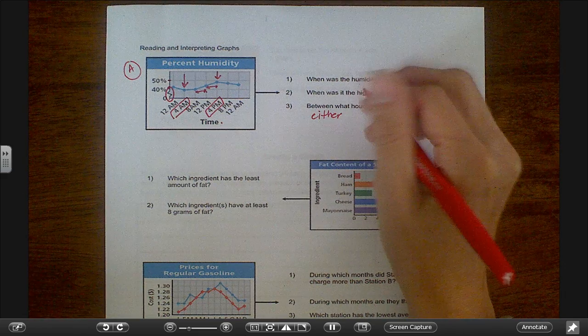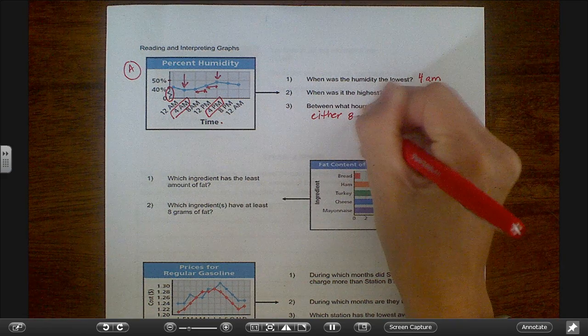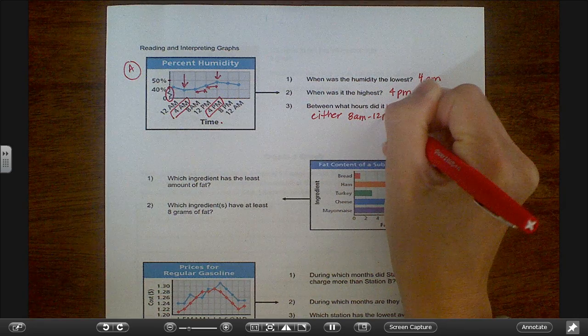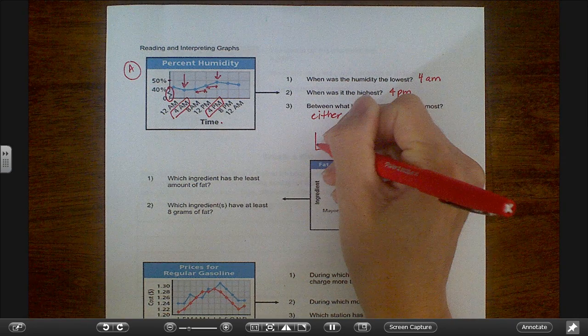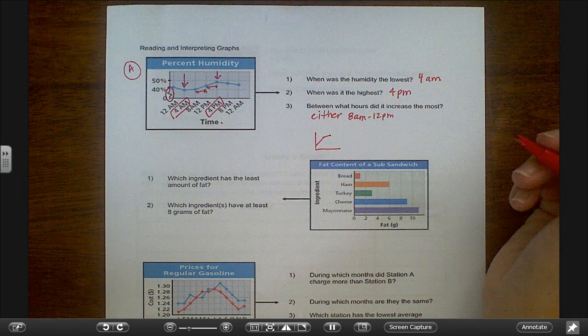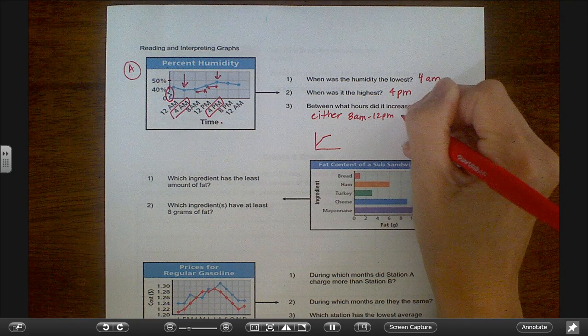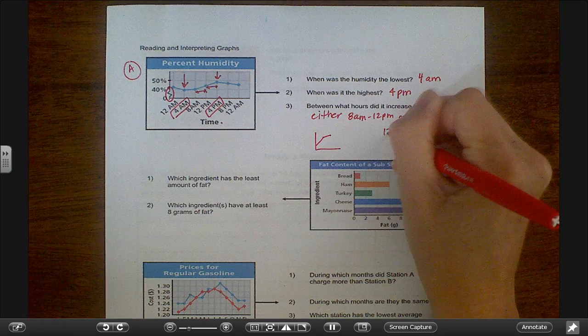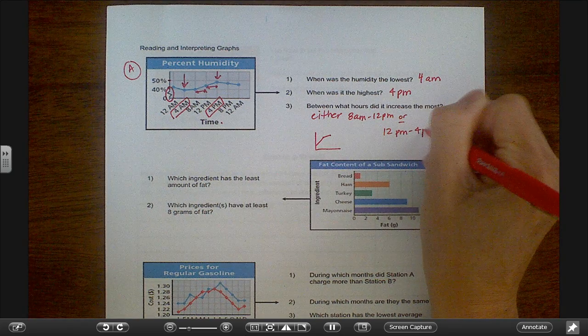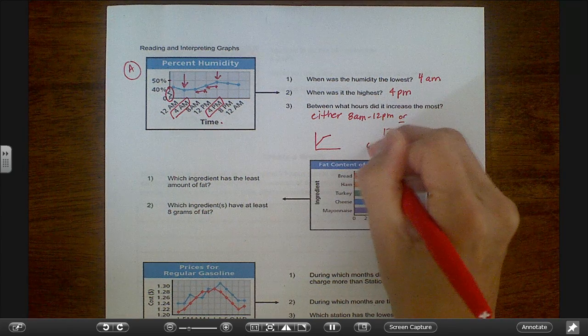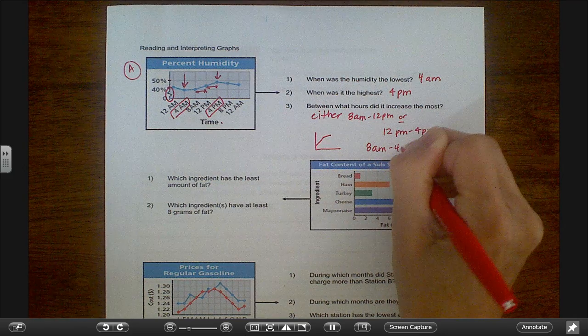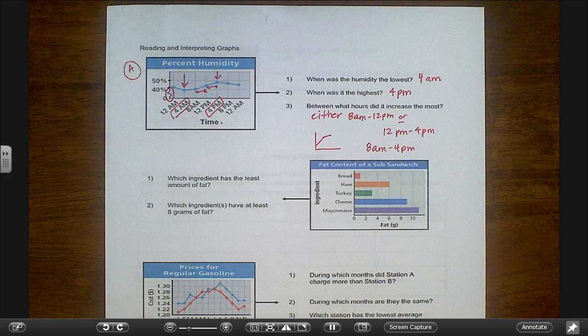If there were a little bit more distinction between them, if one of them went up like this and the other one went like that, then I think it's a lot easier to tell, right? So you can put either 8 a.m. to 12 p.m. or 12 p.m. to 4 p.m. If you want to be fancy, you can also say between 8 a.m. and 4 p.m. So you can take that whole thing.